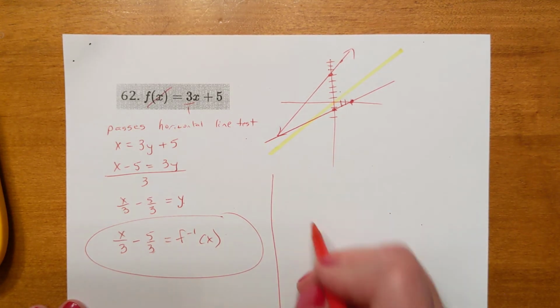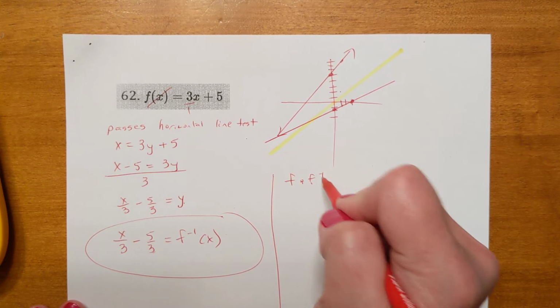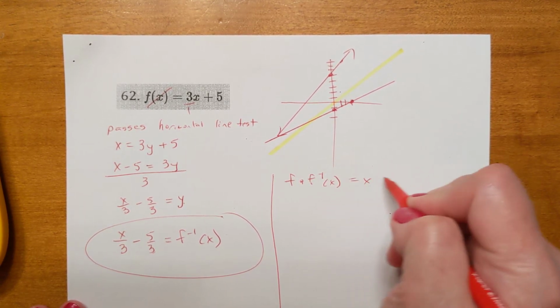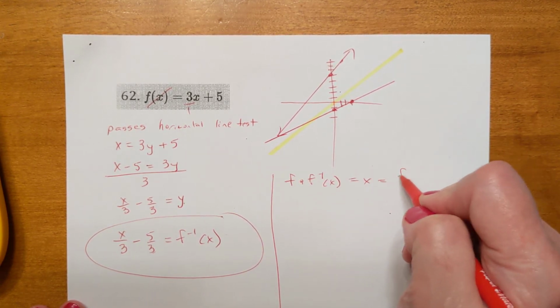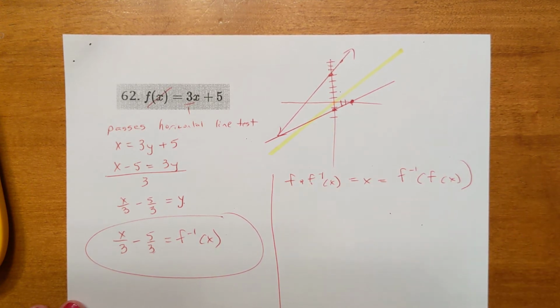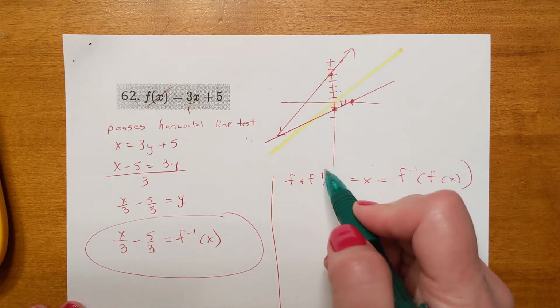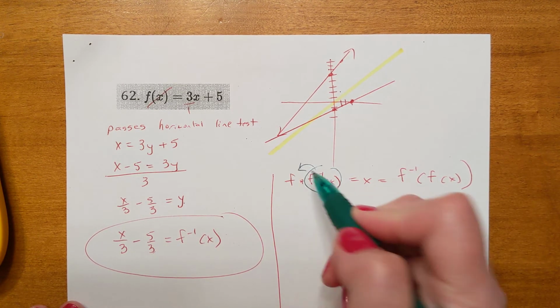Last thing we have to do, we have to show that f of f inverse of x is equal to x, which is equal to f inverse of f of x. So if we do both of those and we get x, we prove that they're inverses of each other. So doing the first one here, we need to pick up f inverse, put it into f.